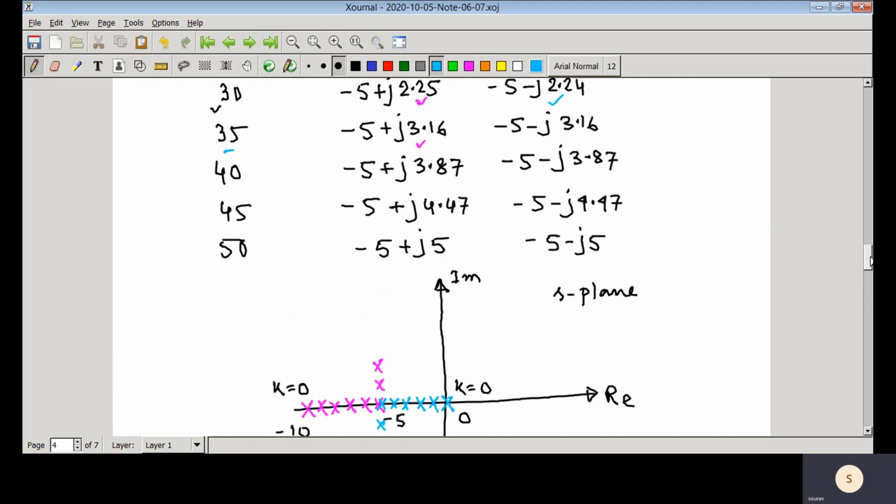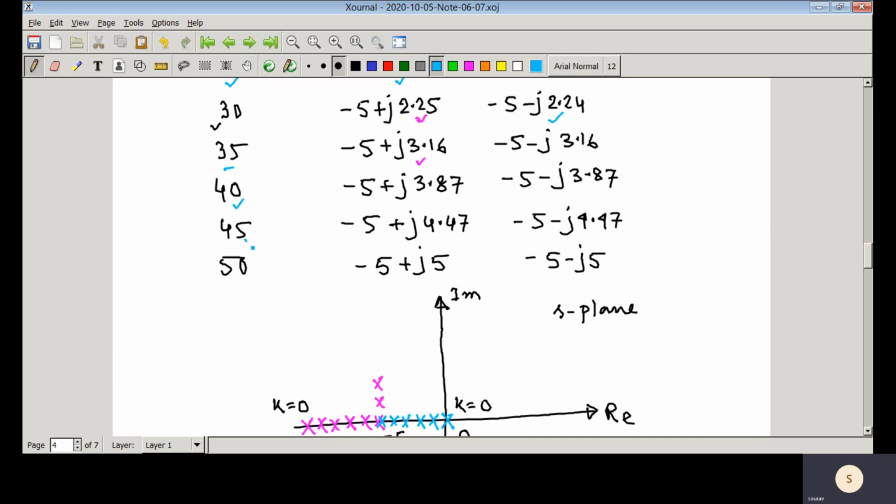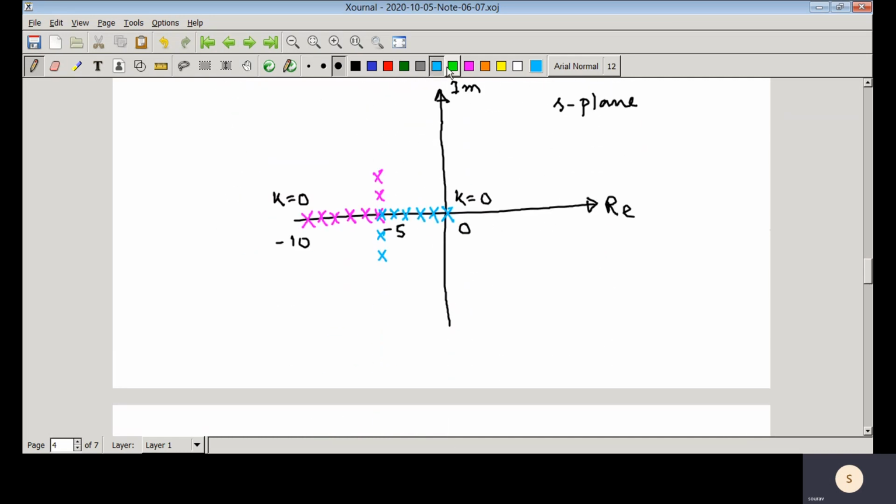So whenever you are increasing k, these values are increasing like this, and this value is also increasing like that. That means the locations of the poles are going like this. One pole is going like that, and the other pole is varying like that. So basically this is the root locus.